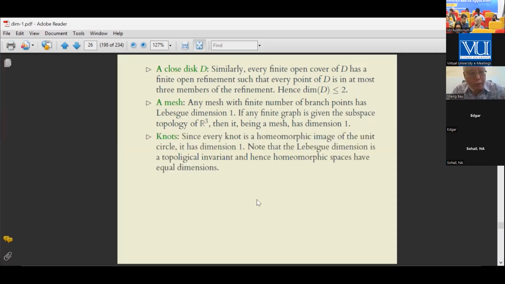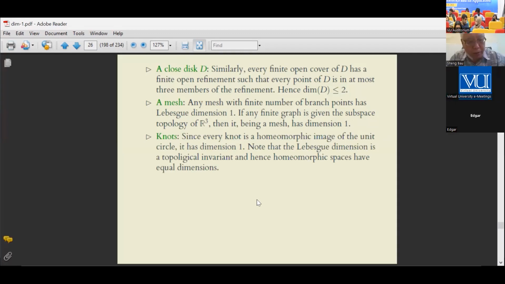A knot is a continuous image of a circle. That's like Peano's definition of Peano continua. If you have a circle and any topological space, particularly R3, three-dimensional Euclidean space, and then you have a continuous image of a circle, then it is called a knot.